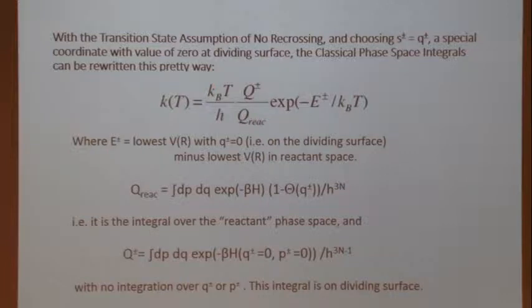Or I can write it in this cute way, where this thing here is this integral, a Boltzmann factor, evaluated at the dividing surface, basically. And this other one is the regular partition function we had before, the classical version of that. The theta function is the Heaviside function. It's 1 if q is greater than 0, and 0 otherwise.